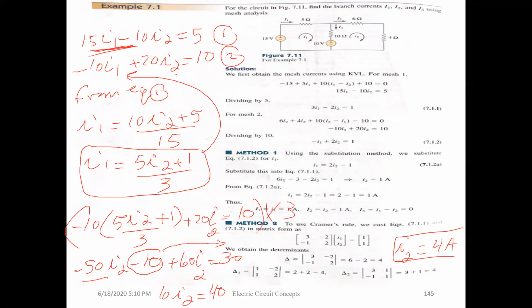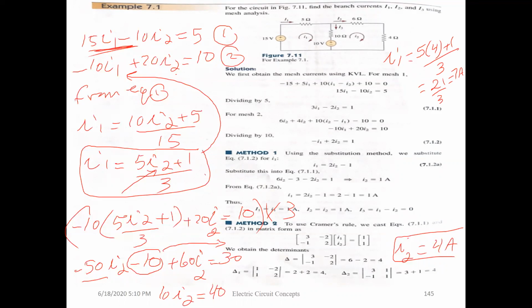After finding I2, we plug the value of I2 in here to solve for I1. So I1 equals 5 times I2, which is 4, plus 1 over 3. So this will be 20 plus 1 is 21 over 3, which is 7 amperes. Again, this is one way. This is called the substitution method.